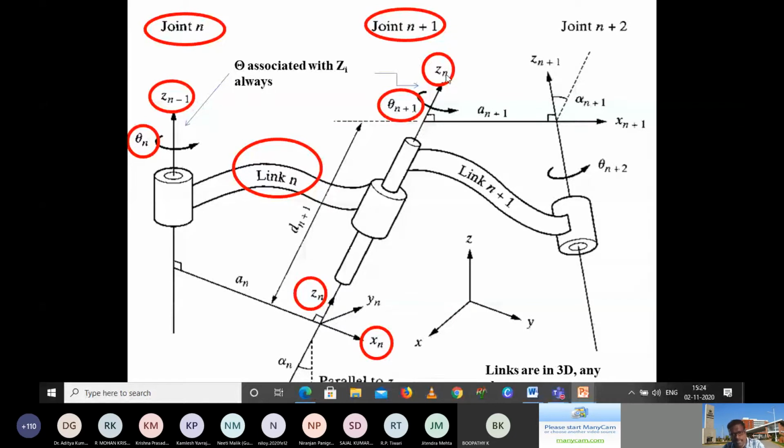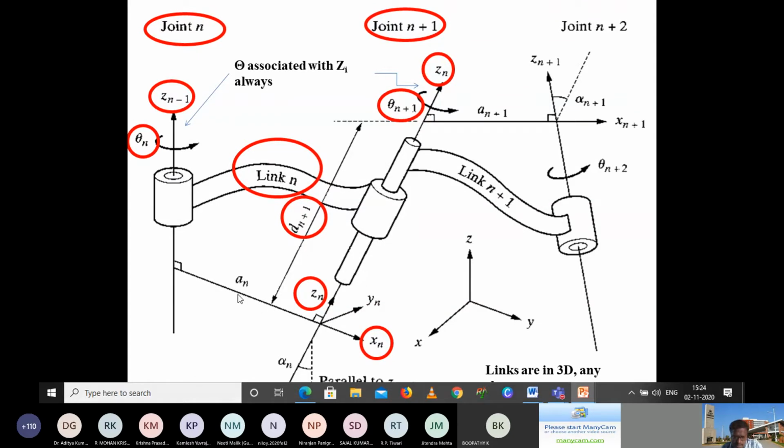Two things are important now. I'm talking about only the z n axis, but you have to know that there is an x n axis also. Here you may ask where the x n axis is. Here the x n minus 1 axis plays a role. Once theta n plus 1 is there, the distance between this particular joint and this particular joint along the z axis is d n plus 1.